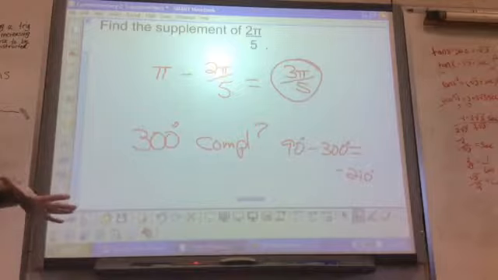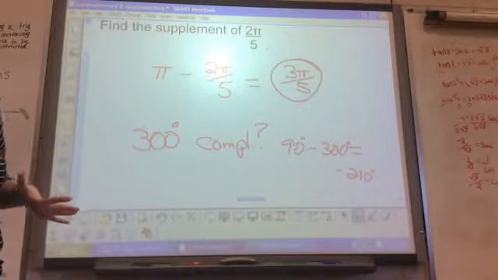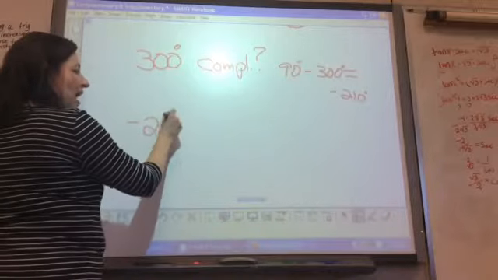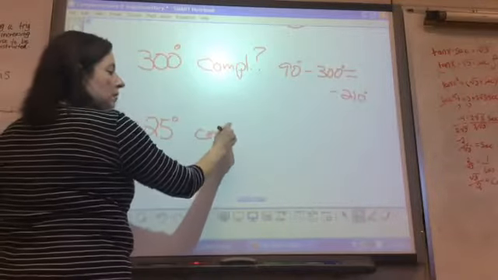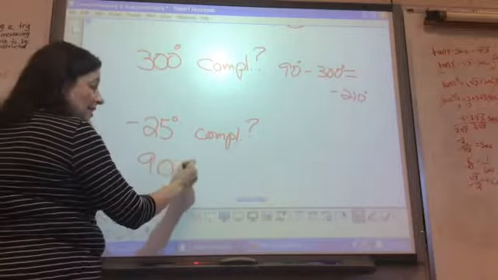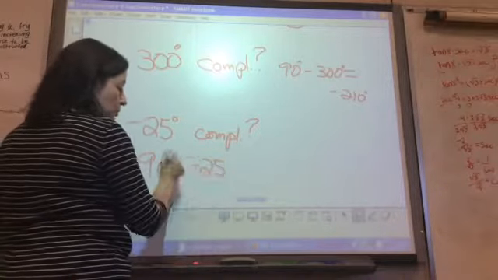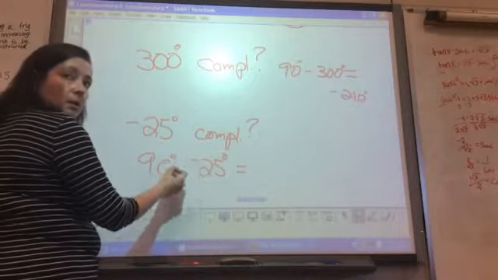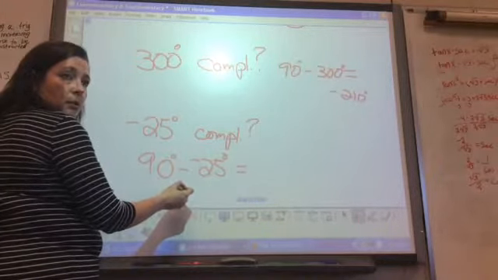Or if you have a negative degree, for instance, what if I had negative 25 and I wanted the complement? That'd be 90 minus negative 25 if you just do what you're normally doing. And then what happens here? Double negative.